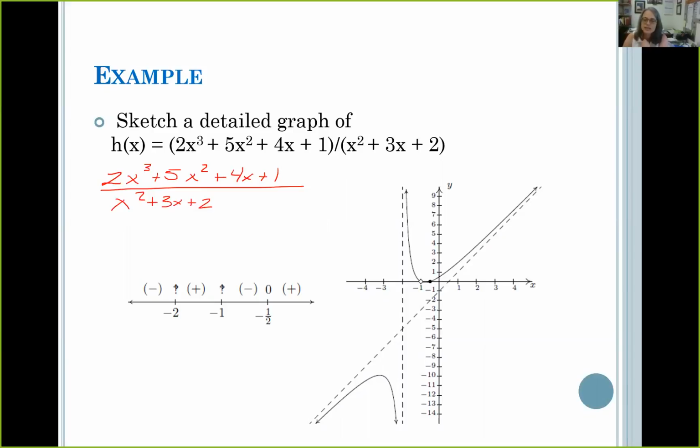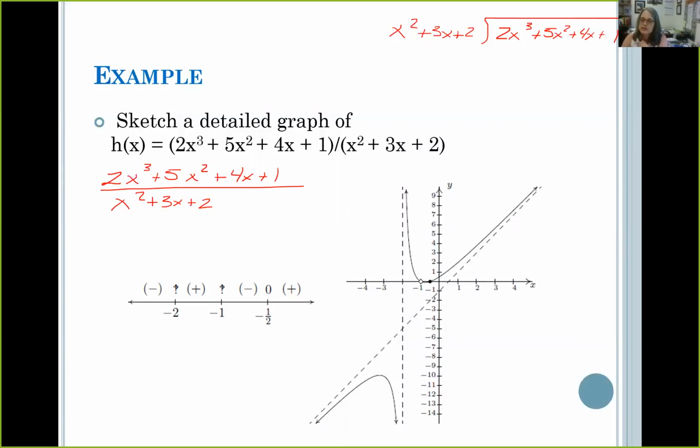This doesn't easily factor or simplify, so we're going to use long division to figure out what this looks like. So x^2 + 3x + 2 dividing into 2x^3 + 5x^2 + 4x + 1.